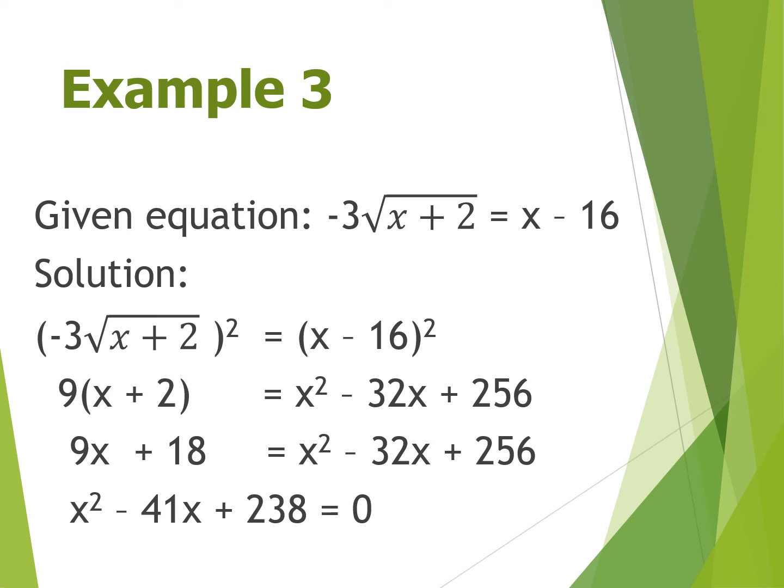Don't be confused why I place them on the left side of the equation. Since 9x is transposed to the right and positive 18 is transposed to the right, instead of writing 0 equals x squared minus 41x plus 238, it is more appropriate to write it as x squared minus 41x plus 238 equals 0.